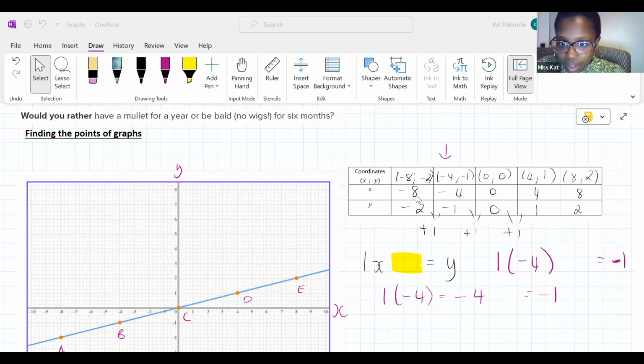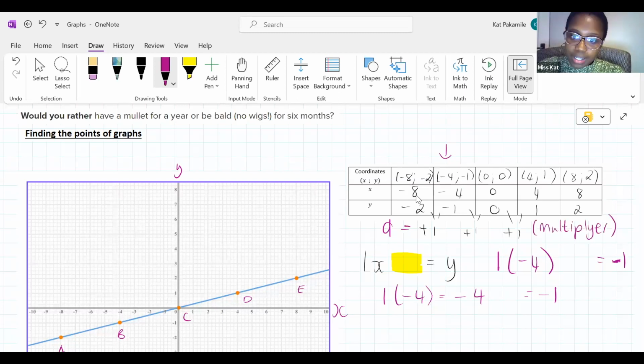Okay, I started with finding our constant difference, which is 1, because going from -2 to -1, you add 1, -1 to 0, you add 1, and so on. So that difference becomes our multiplier, meaning you're going to multiply it by your input. That's why I said 1x, because that's 1 times x, okay? But now we want to know, what do we add or subtract to get to the output that we want?